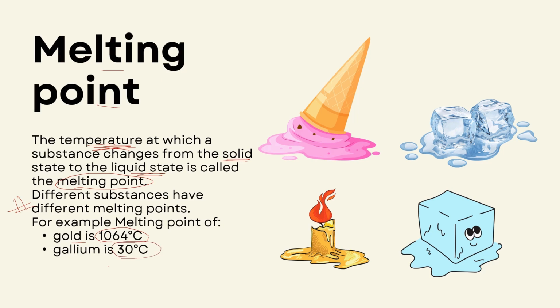Gallium will melt at room temperature, whereas gold will take a lot of heat to melt. From this, we can tell that the forces of attraction in gold are very strong, the strongest you can say. That is why it takes so much heat to melt.